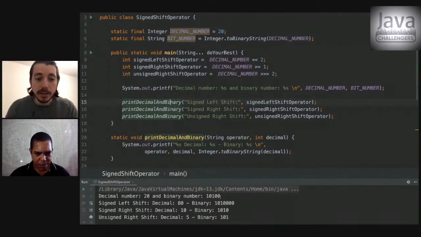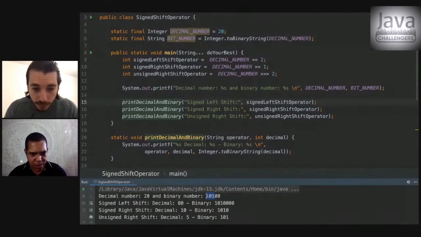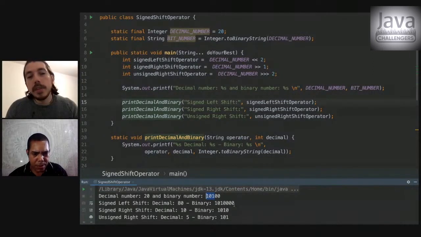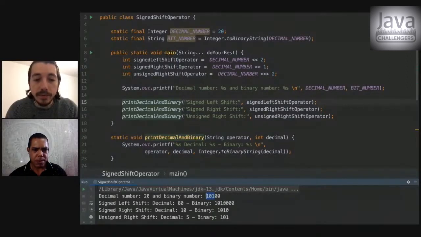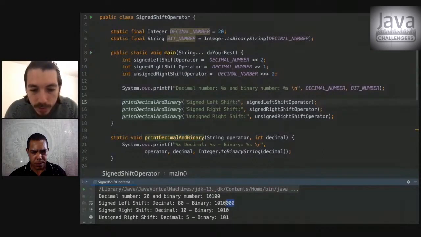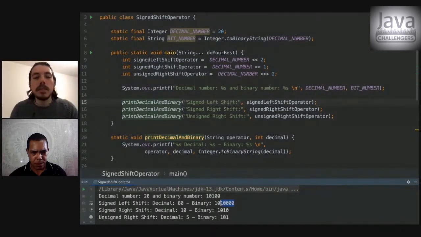As you can see here, the 101 was on the third position. But if we use the left shift operator, we're going to move this binary number 2 positions to the left. So it was on the third position, and now it is on the first, second, third, fourth, fifth position.